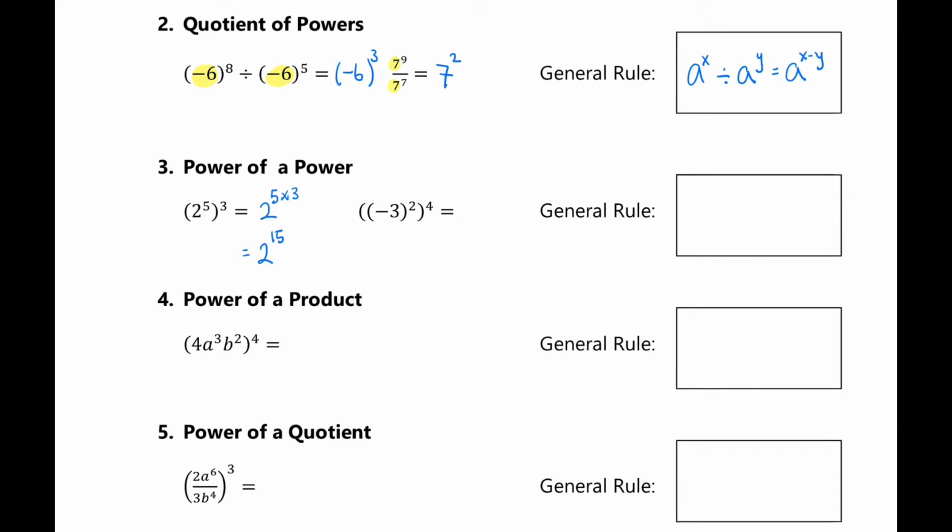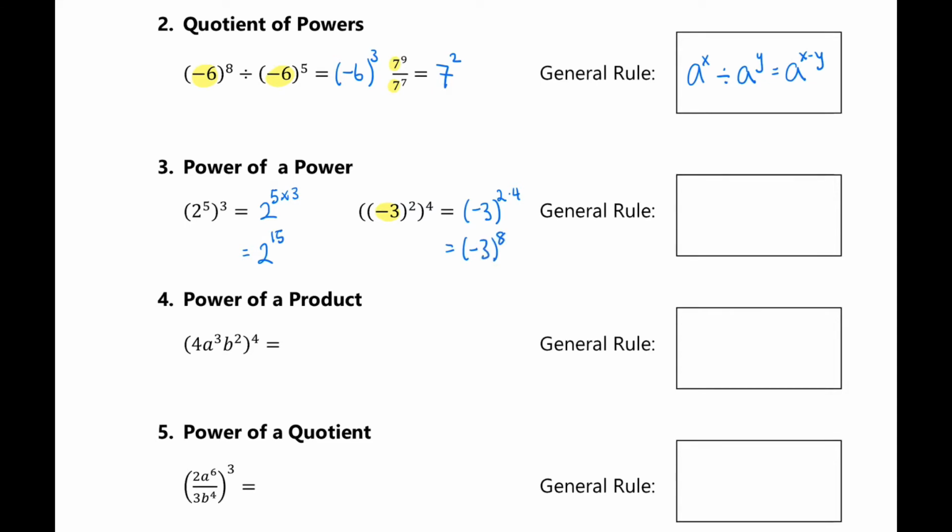Same thing for the next one. We have to keep the base, -3, and then we're going to multiply the exponents, 2 times 4. So we get -3 to the power of 8.